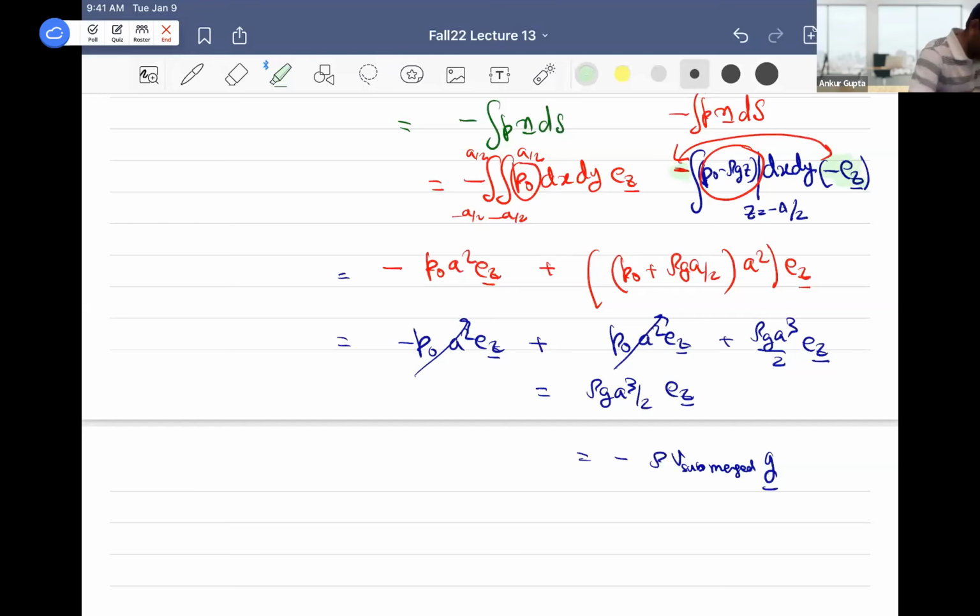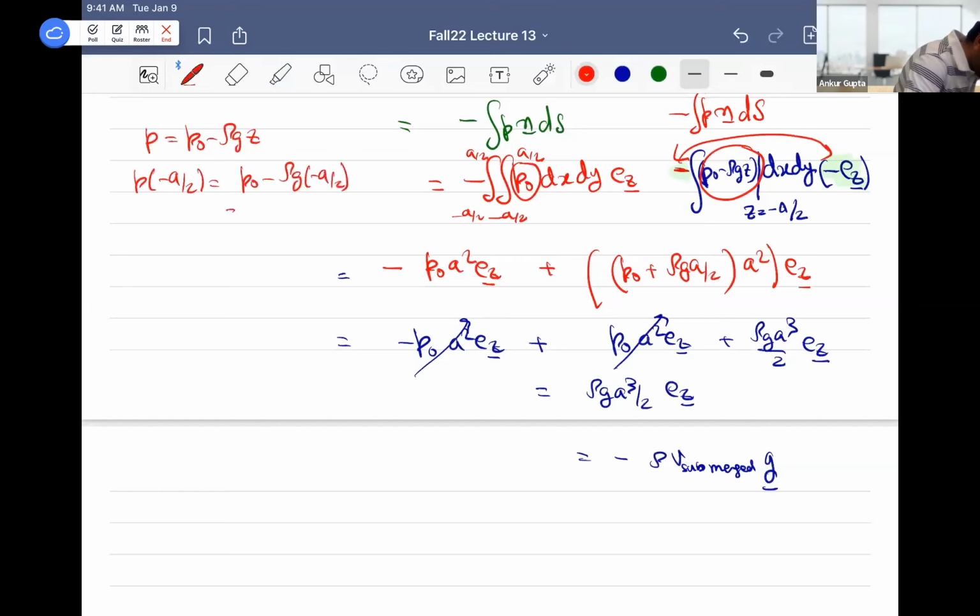So remember my pressure is P equal to P naught minus rho g z. So P at minus a by 2 becomes P naught minus rho g of minus a by 2. So P naught plus rho g a by 2. Right?